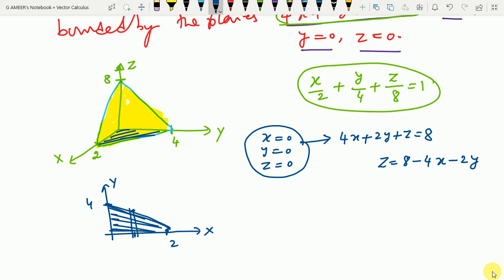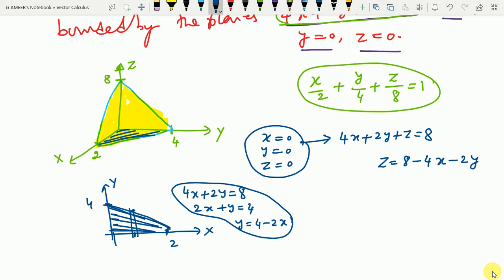In the xy plane, z is equal to 0. When I take z equal to 0, then what I have here is 4x plus 2y is equal to 8. Then you can divide with 2, that is 2x plus y is equal to 4. Then y will become 4 minus 2x. So I got y also.